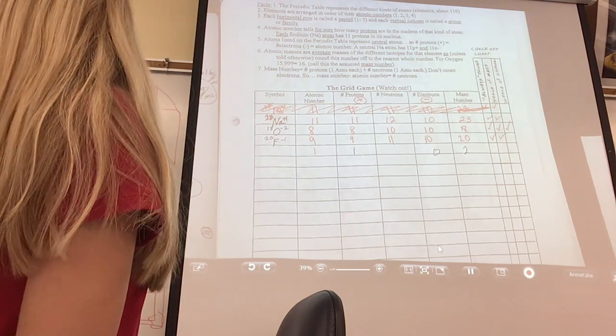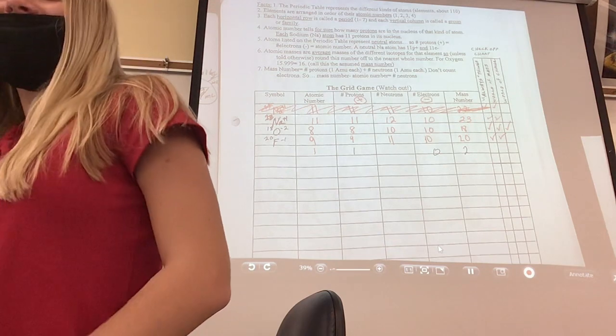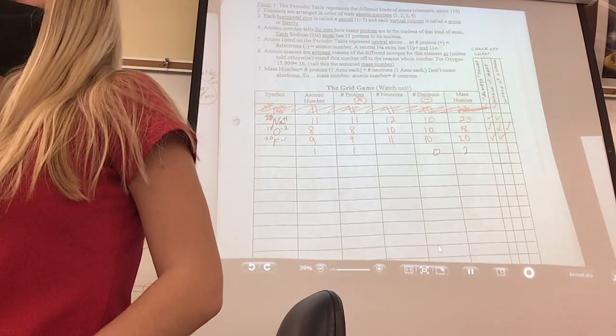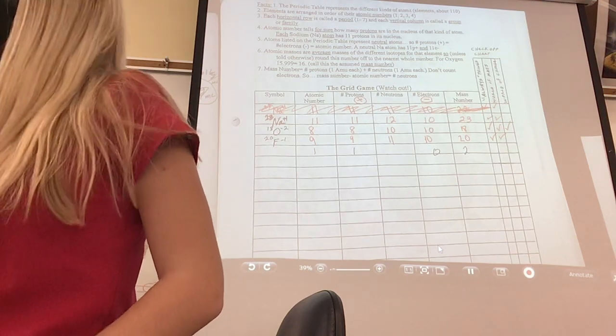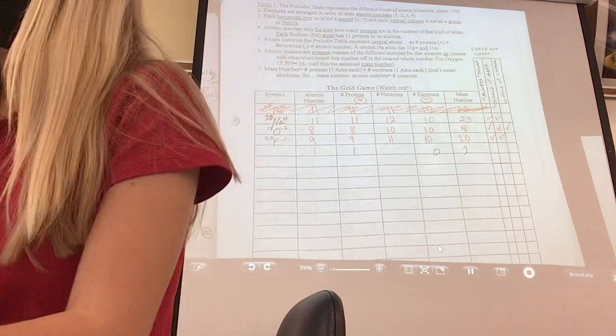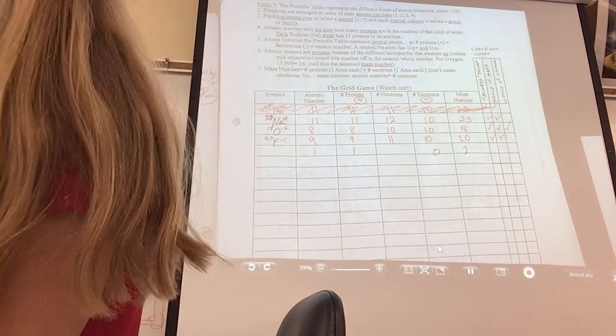Ask somebody in the audience. Lily. The atomic number is always connected to the element. Oh, yeah. The symbol. It's the chemical symbol. So then the symbol is hydrogen.